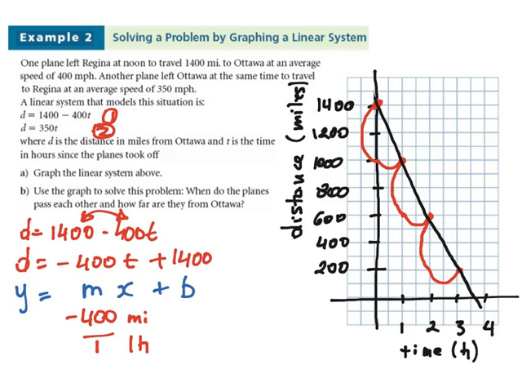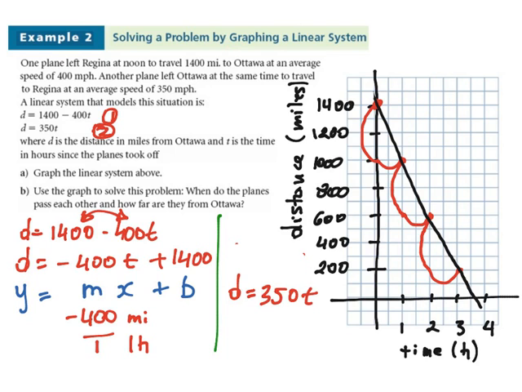Okay. And the next part is we have to draw the second equation. Now the second equation seems to be a little bit more difficult, but really it isn't. The second equation is d equal to 350t. So what is the slope and what is the y-intercept? Well, there is no b value. You must be asking, what do you mean there's no b value?